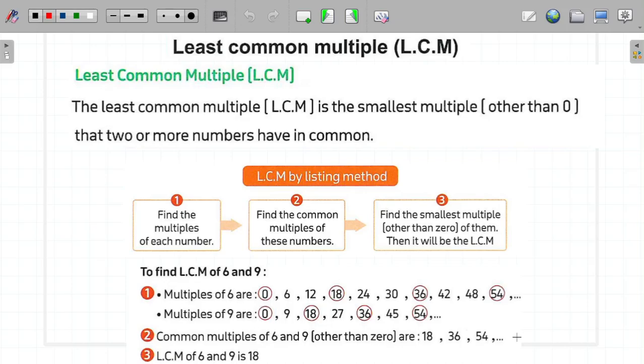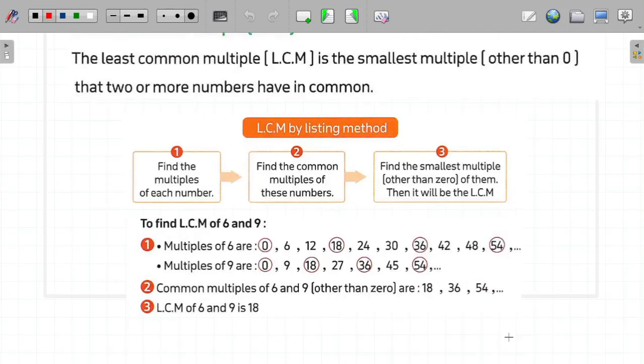Again, the least common multiple, or LCM, is the smallest multiple other than 0 that two or more numbers have in common. Okay, and we have two ways to identify the least common multiple of two numbers. The first one is the listing method.